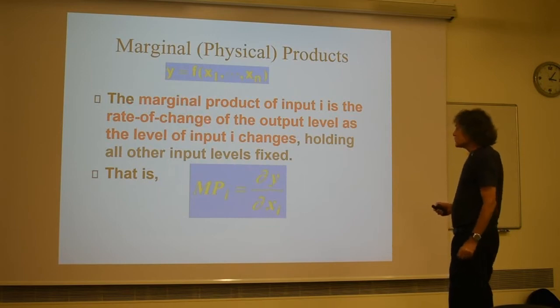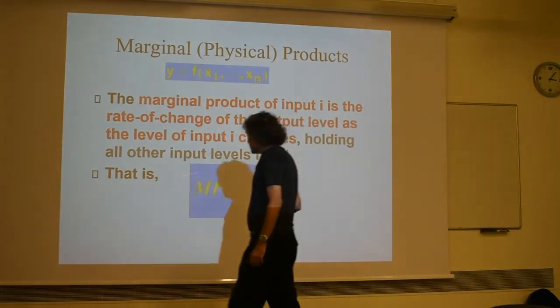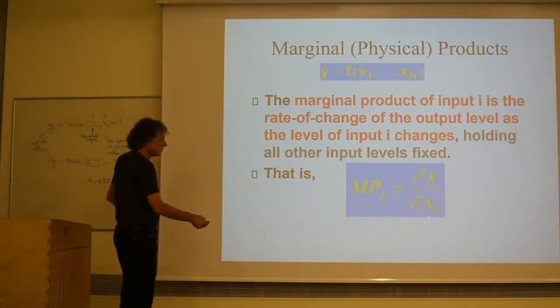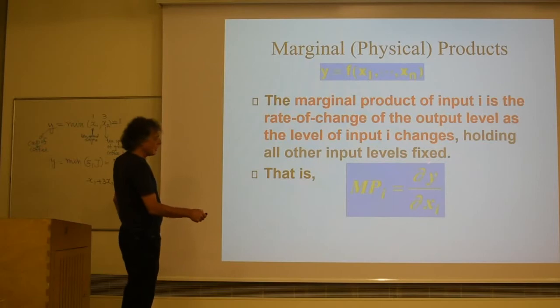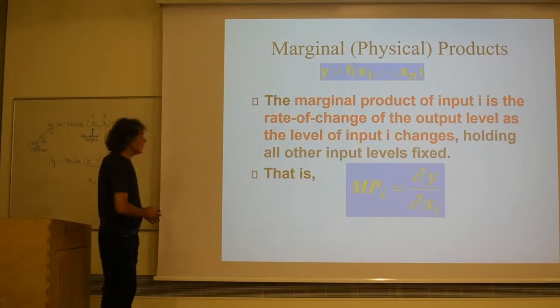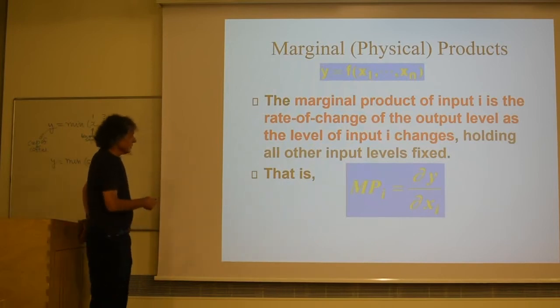It is the rate of change of the output level as the level of input i changes, holding all other input levels fixed. So first of all, it's a partial derivative of y with respect to xi. But let me explain slowly what it means. What do I mean by rate?